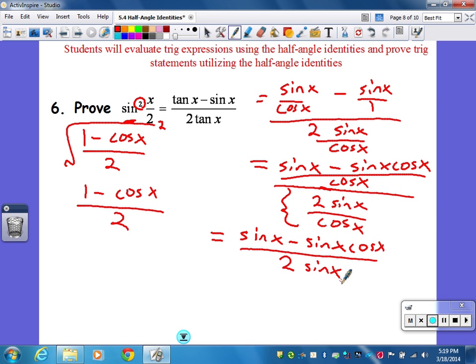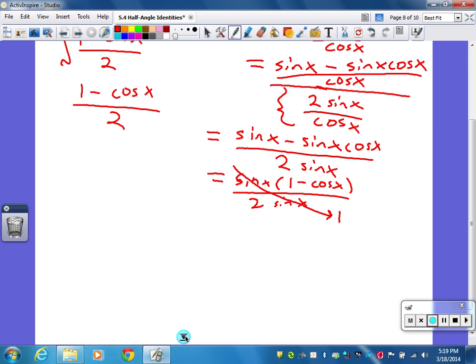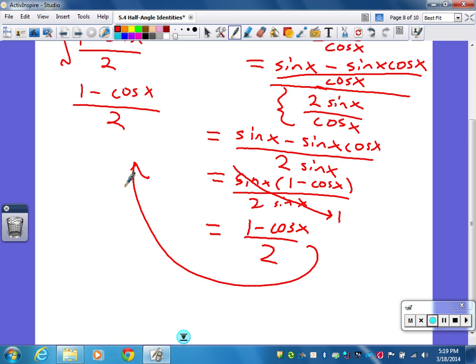Well, if we factor out the sine x, we get sine x and then 1 minus cosine x over 2 sine x. Oh, wait a minute. These two cancel because they divide out, so they divide to be 1. We're left with 1 minus cosine x over 2, which is what we wanted.